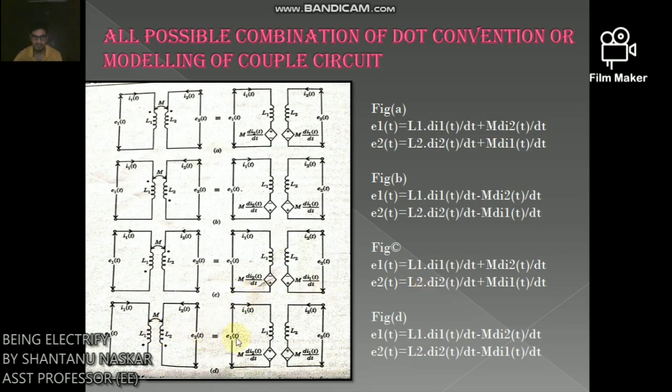Now the last figure, what happened? E1(t) equals L1 di1(t) by dt minus M di2(t) by dt, and E2(t) equals L2 di2(t) by dt minus M di1(t) by dt. So these are all the possible combinations of dot convention and the modeling of coupled circuit.